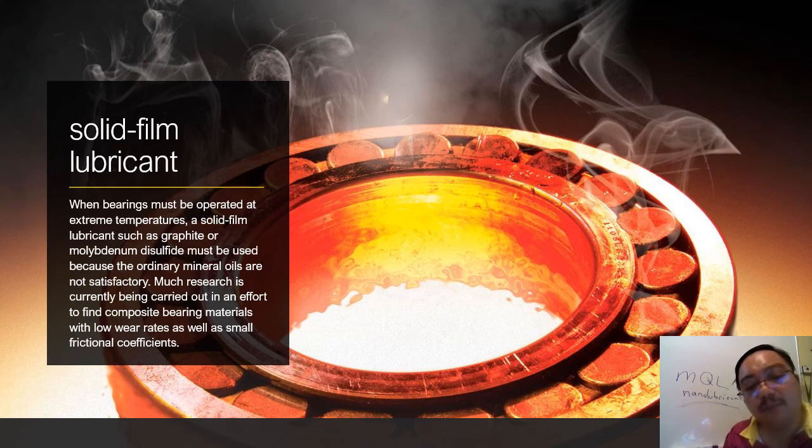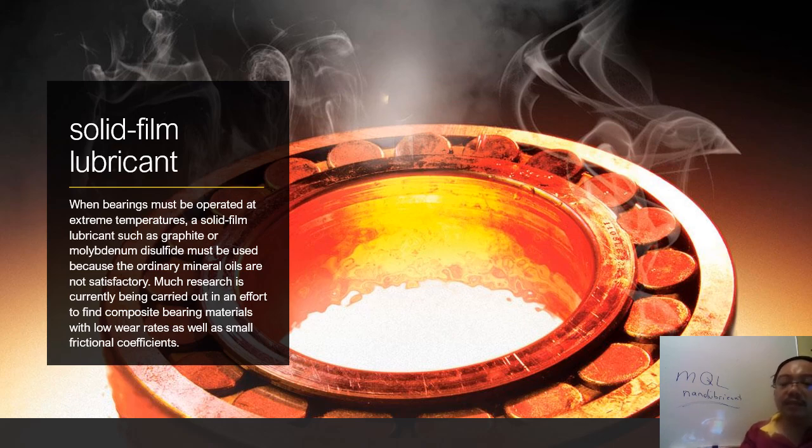This book also does not cover a lot about solid film lubrication, but I just want to say that nowadays bearings are used in many applications at extreme temperature, so this requires new kinds of material and also new kinds of lubricant. Ordinary lubricant, when operated at high temperature, will dissipate into thin air, because extreme temperature will burn all the lubricant.